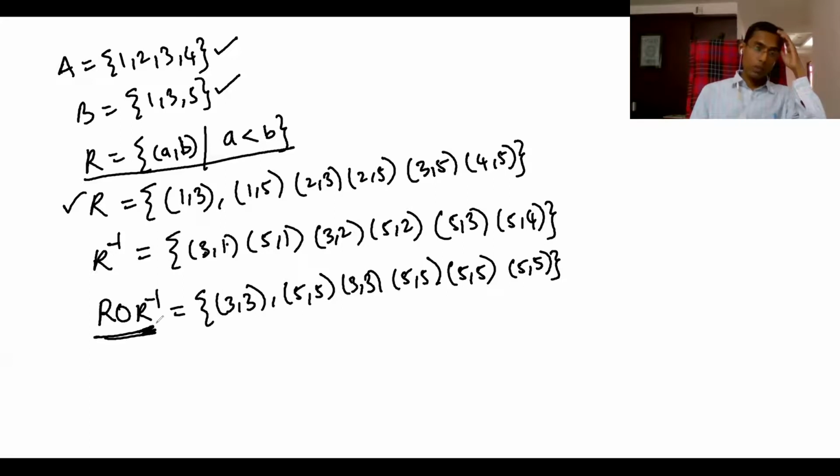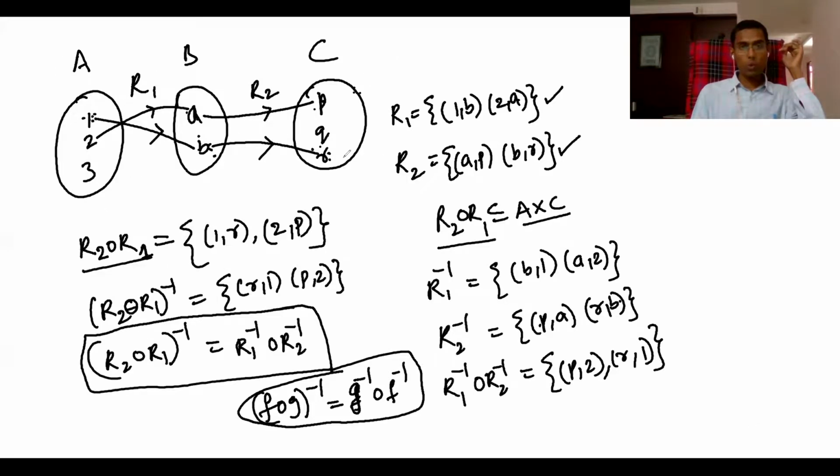R circle R inverse means first you take R inverse. R inverse: 3 to 1, and 1 to 3. Like A to B, B to C, so A to C. Already explained.